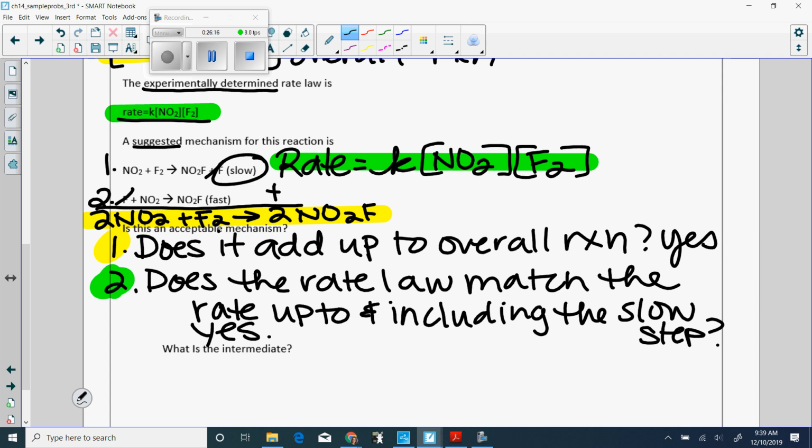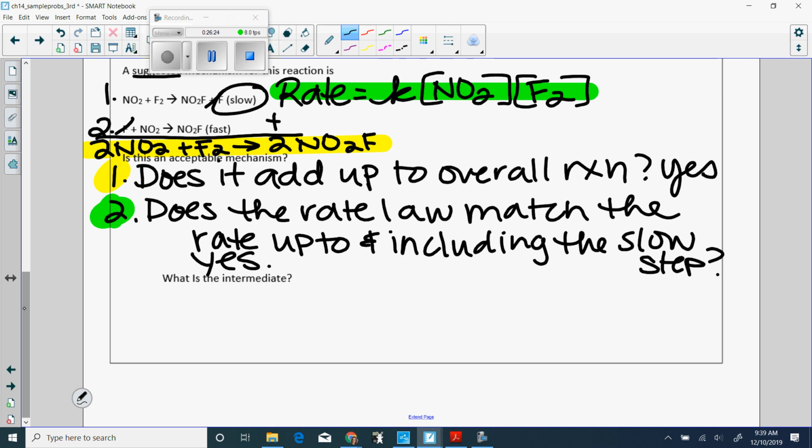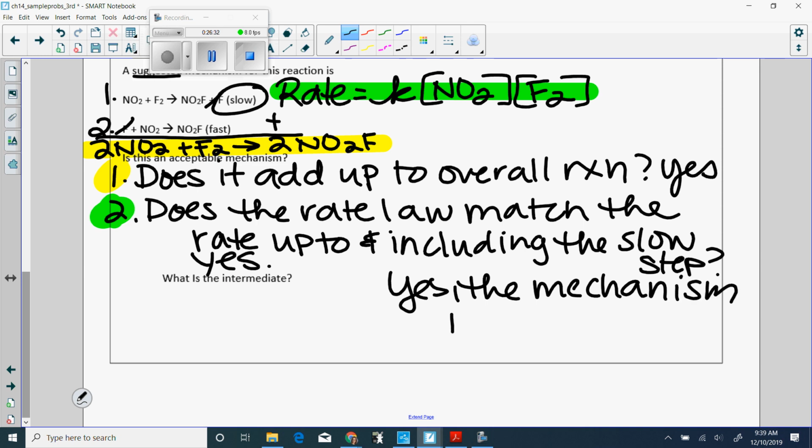My guess, based on my slow kid, is that I should have first order, and it matches. In words: yes, the mechanism is plausible. That means I guess my steps right, probably, because it adds up and my rate law is right.